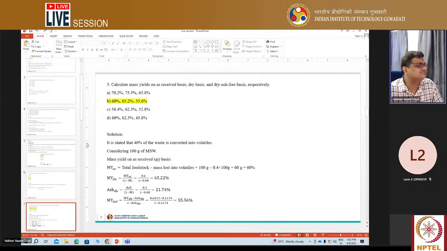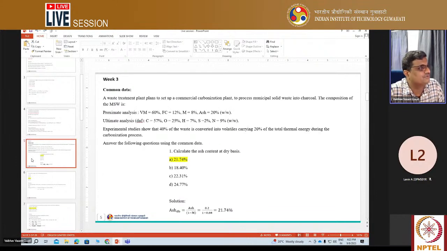These are very simple examples with a simple formula we have to make use of. Proximate analysis is given, and the ultimate analysis is also given here. In fact, the experimental studies also show that 40% of the waste is converted into the volatiles, which is carrying 20% of the total thermal energy. So this information is also given.